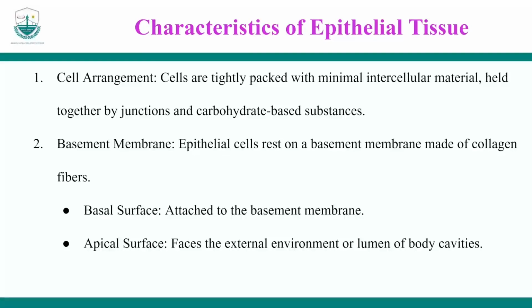You can call them tight junctions, or you can call them cell junctions. So these cells are covering, but they are not existing as separate cells; they are interconnected through these cell junctions. But you also have carbohydrate-based substances that connect these cells also.